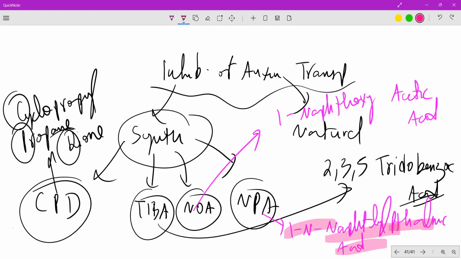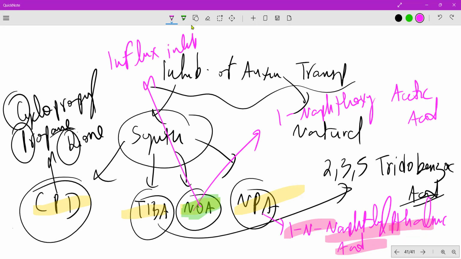Now the question is, these inhibitors, CPD, TIBA, NOA, NPA, are inhibitors of what? When I am talking about auxin transport, are they inhibitors of influx, efflux, or both? See what you have to remember: only NOA, I'll mark it here, is the only inhibitor of auxin influx.